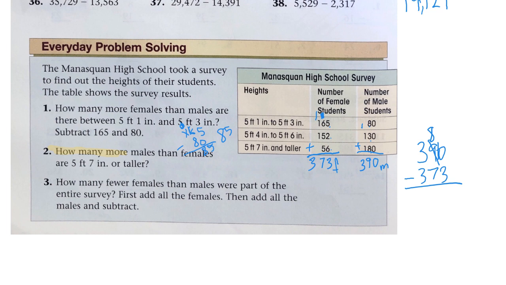Because 10 plus 0 is 10. 10 minus 3 is 7. 7 taken from 8 is 1. 3 minus 3 is 0. But we don't have to write 0. 17 more males were in the survey.